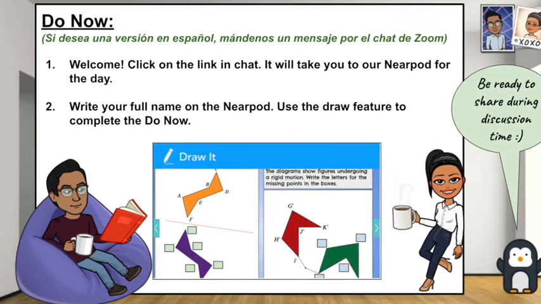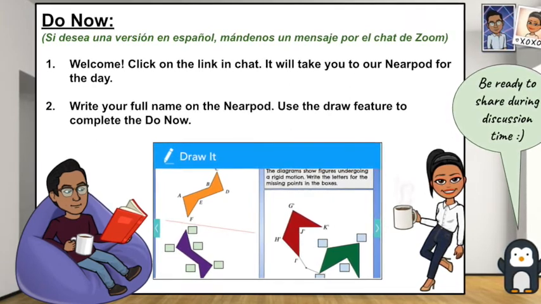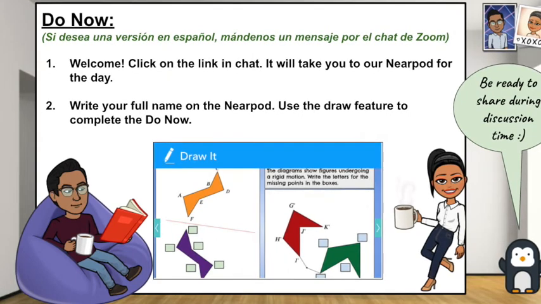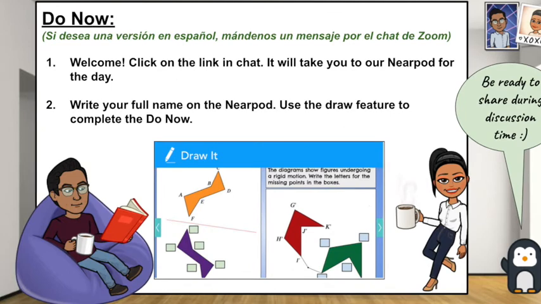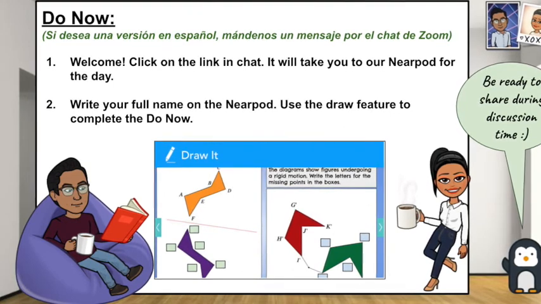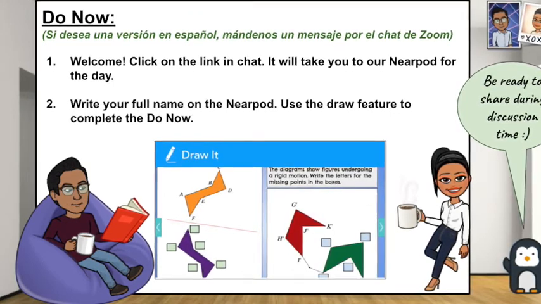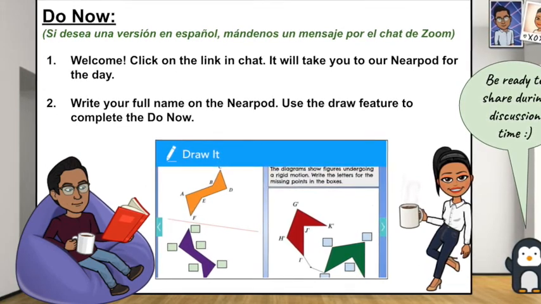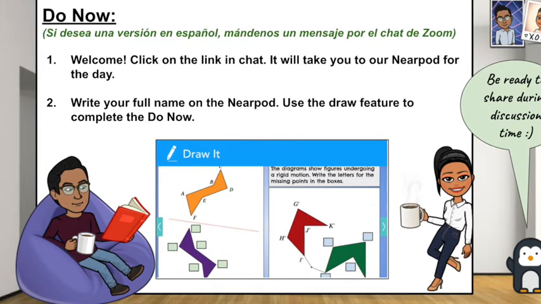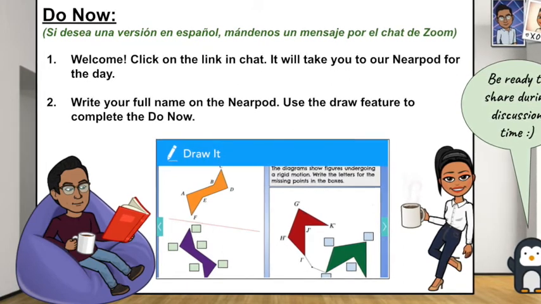All you're doing right now is thinking about which rigid motion was performed and then labeling the one that has the boxes with the correct letters. Remember, there's a certain way to label the pre-image, which is the original, and a certain way to label the figure for the image, which is the one after the motion.